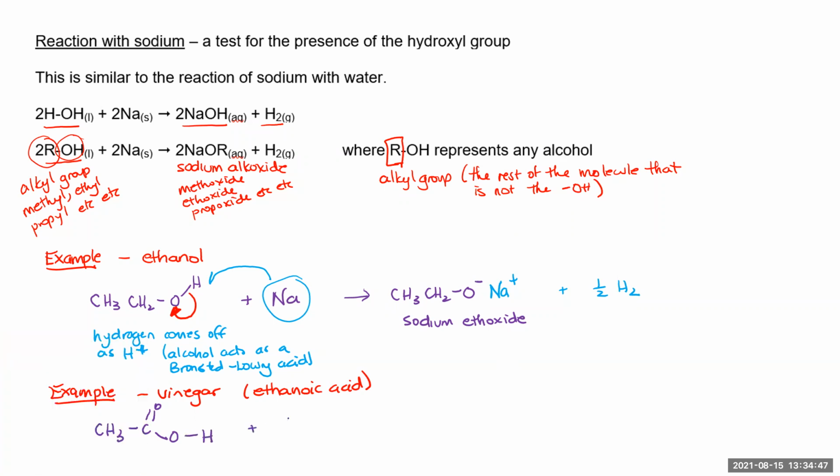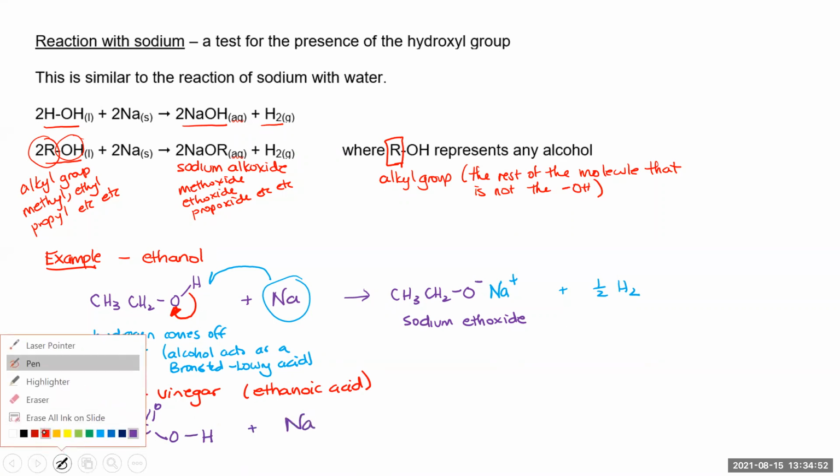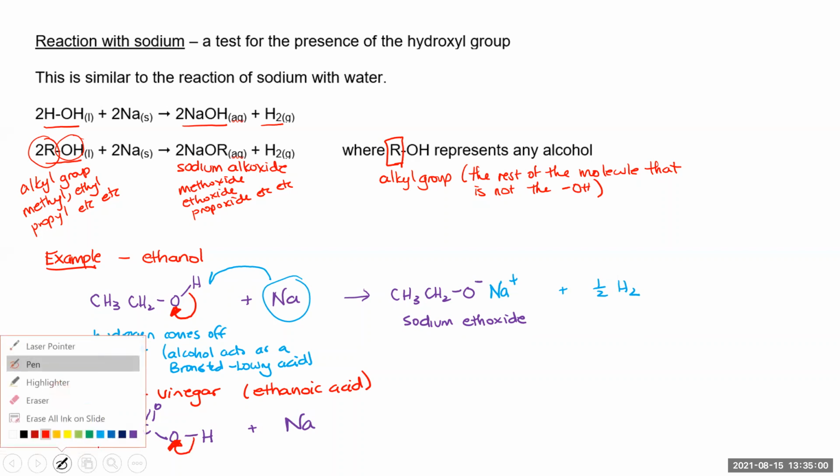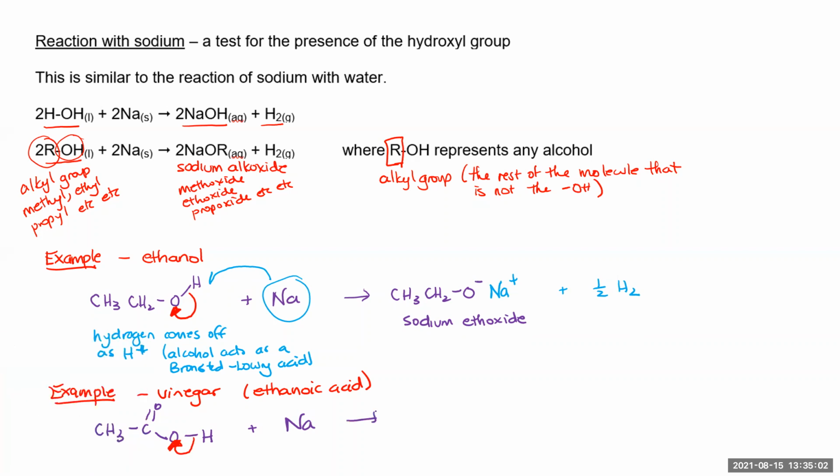So if we add sodium here, then our mechanism is that the two electrons in this bond will go to the oxygen. The hydrogen comes off as H+, and when it's a carboxylic acid, it produces an alkanoate ion.